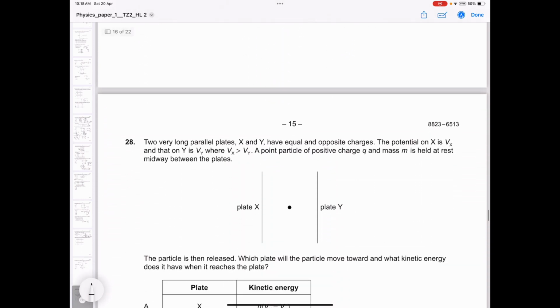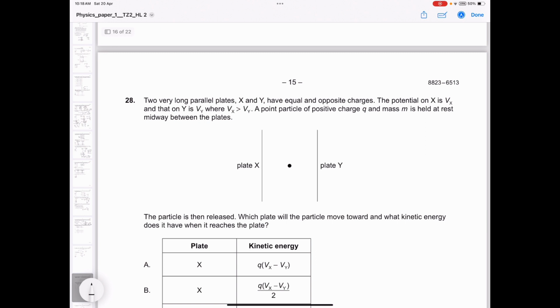Okay, next then, you've got these long parallel plates, X and Y, that have equal and opposite charges. The potential in X is Vx, and that in Y is Vy, where Vx is bigger than Vy. So a point particle, positive charge Q and mass m, is held at rest midway between the plates.